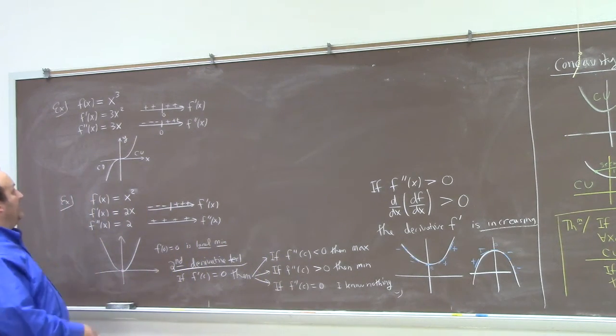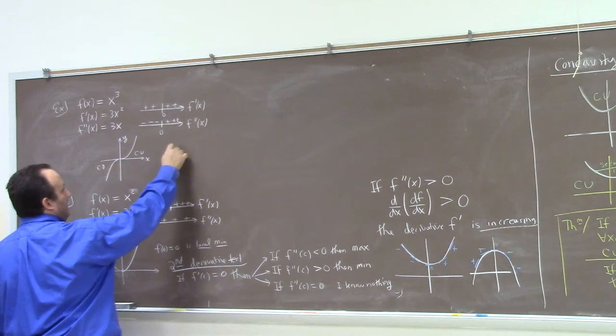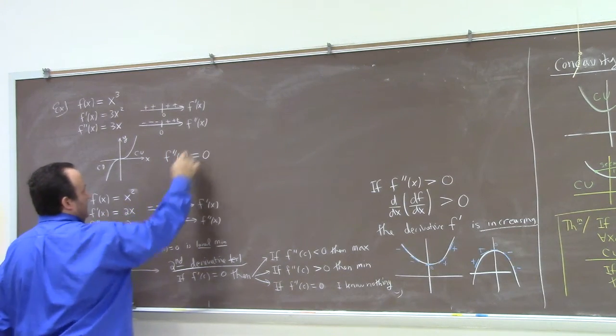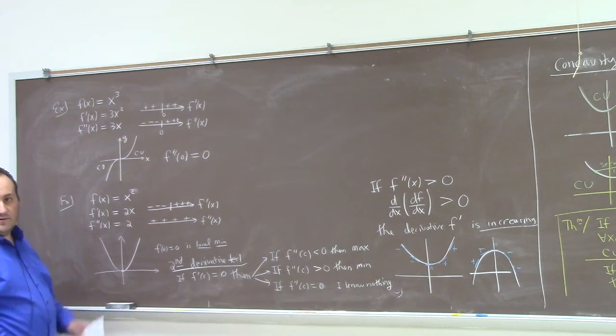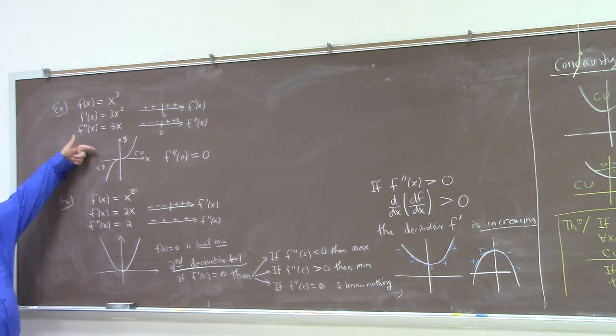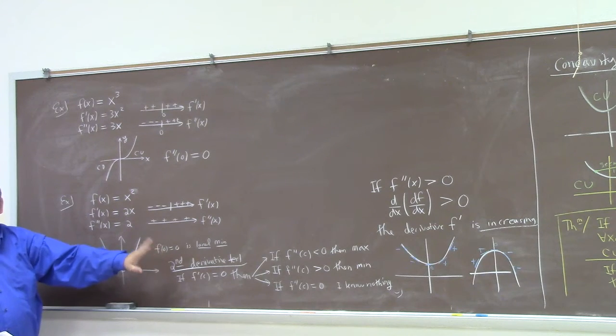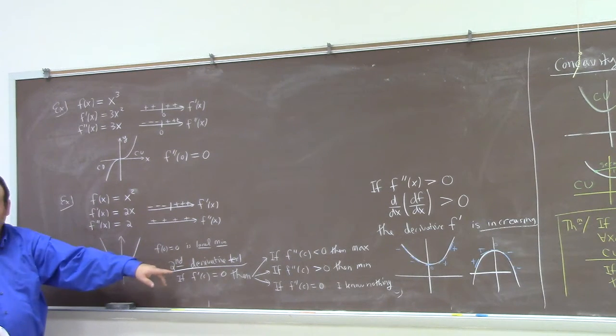So notice that f prime prime of 0 equals 0 in the previous example, so the second derivative test does not apply in that example at the critical number because f prime prime is 0. The second derivative test says nothing in that case.